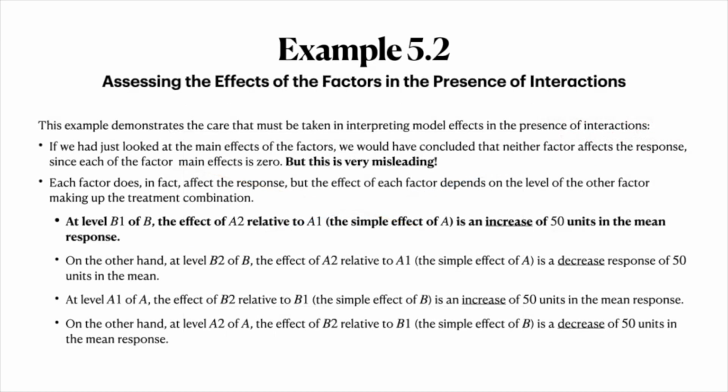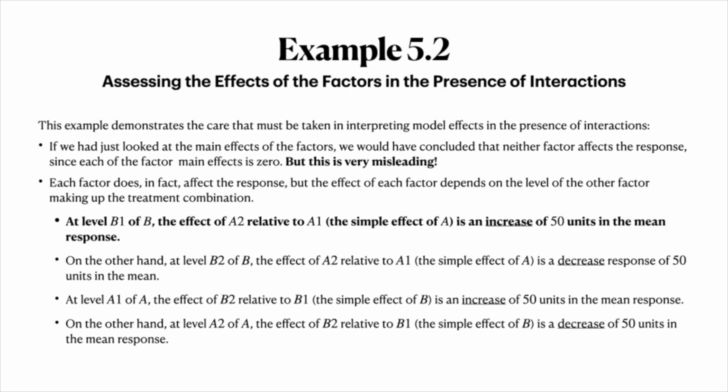And so how are we to assess the effects of the factors in the presence of interactions like this? And even if the interaction is not that strong, how should we interpret the effects of the factors?